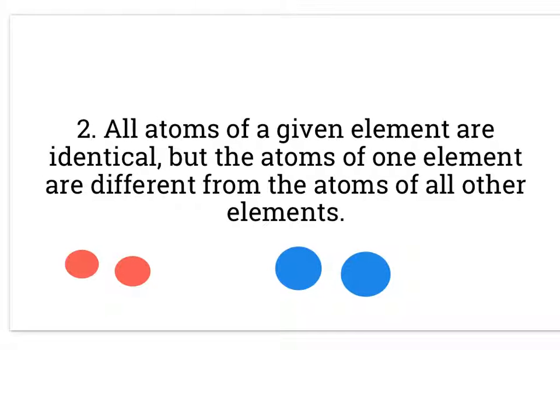Now, we know that different elements are different. It's kind of obvious. What he's forgetting, and by forgetting I mean hadn't been discovered yet, are isotopes, where we can have two different carbon atoms, both with different mass numbers.